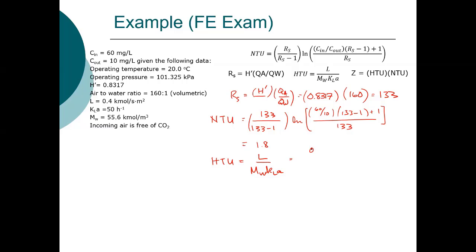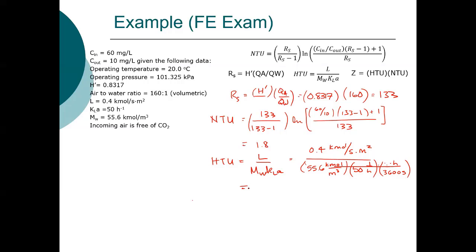And that is equal to 0.4 kilomoles per second per meter squared divided by 55.6 kilomoles per meter cubed, so that's the molar density of water, times 50 inverse hours times 3,600 seconds per hour.